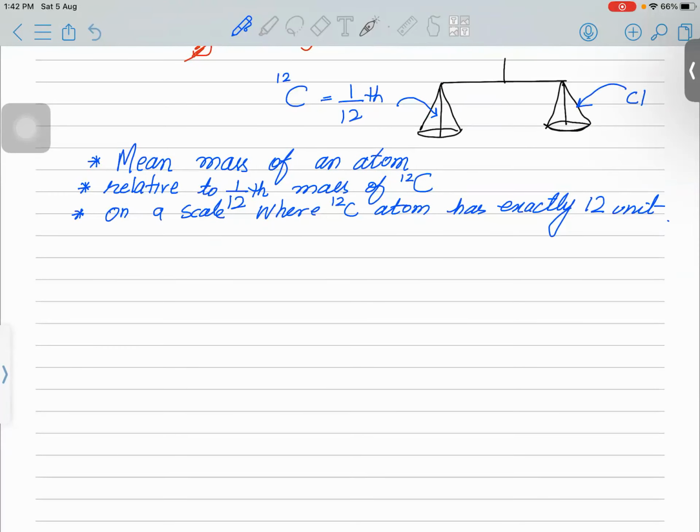Have you written? No, sir, I'm writing. Okay. So for 3 marks, you have to write mean mass of an atom relative to 1/12 mass of carbon 12. Why carbon 12? Because carbon 12 has exactly 12 units.